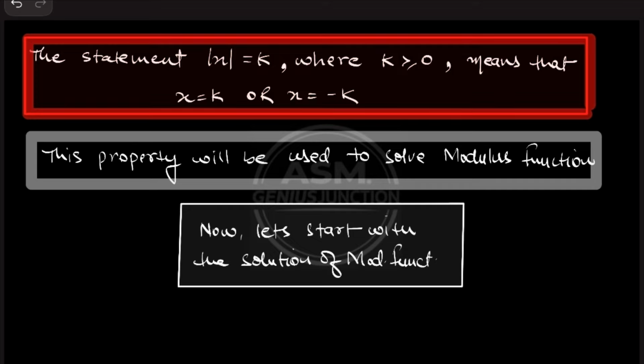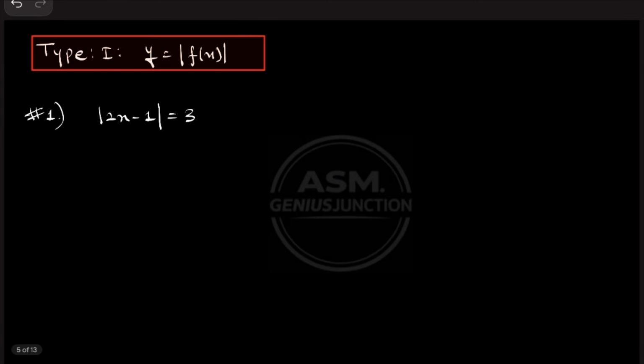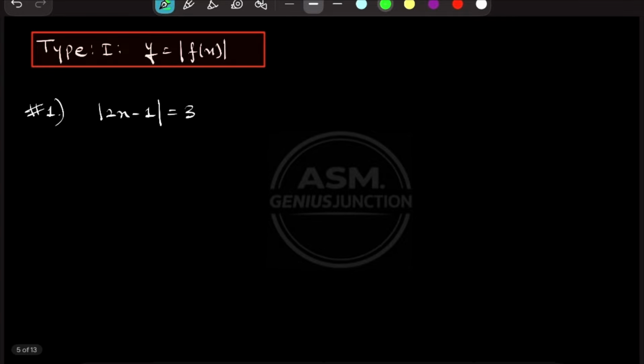So let's start with the solutions of modulus functions. Type 1. The first type of questions which you are going to encounter in this particular topic are the functions having y equals mod x, and on the right hand side you have a constant. For example, you can see question number 1.